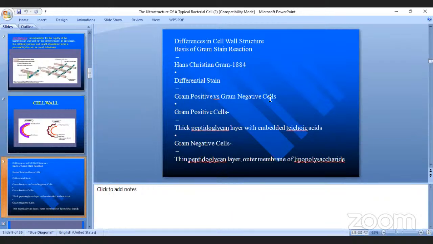Difference in gram positive versus gram negative cells. Gram positive cells have thick peptidoglycan, as we just observed in the diagram, and apart from the thickness, it is embedded with teichoic acid. In gram negative cells, there is a thin peptidoglycan layer and an outer membrane of lipopolysaccharide. No teichoic acid.